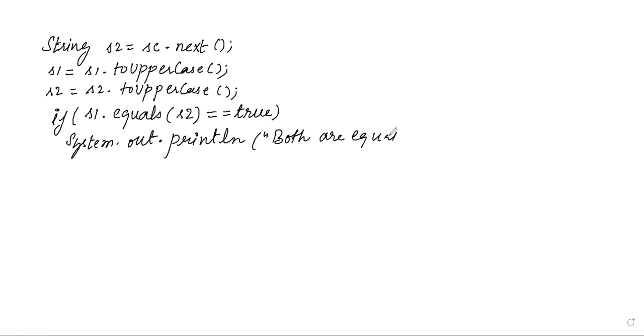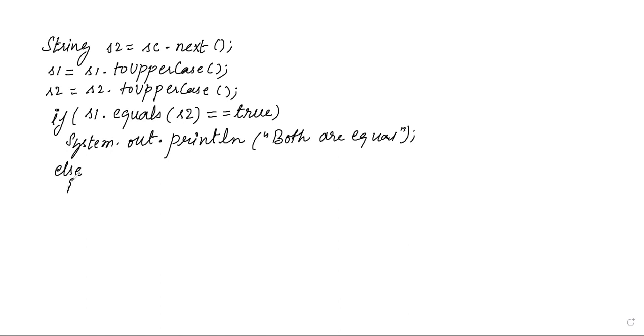Now, in this question, in the else part, they had asked, if two strings are not equal, then print the string with the highest length. You have to print the string with the highest length. So here we had used the function equals to compare whether two strings are equal. Now, if they are not equal, then you have to check their length.